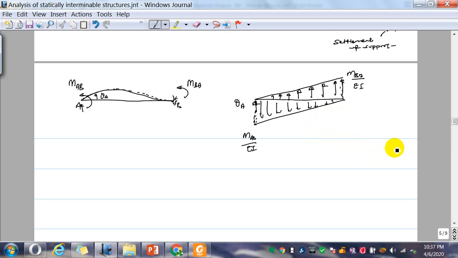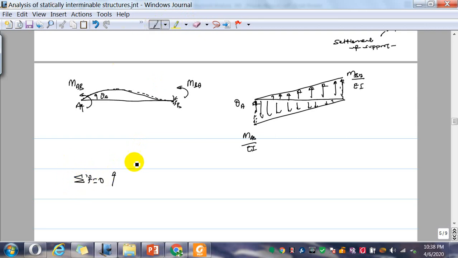So now if we take equilibrium conditions, if you balance all the forces, so this is in equilibrium, right? So if you balance all the forces vertically, sum of all the forces is 0 vertically.